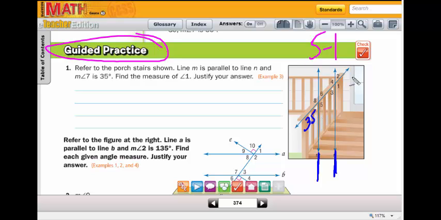Now it asks us to find the measure of angle 1 and then to justify your answer. So we're going to be looking for this angle here, angle 1.